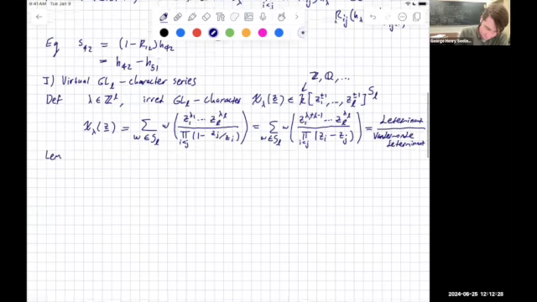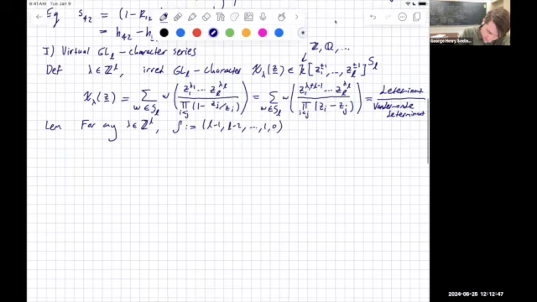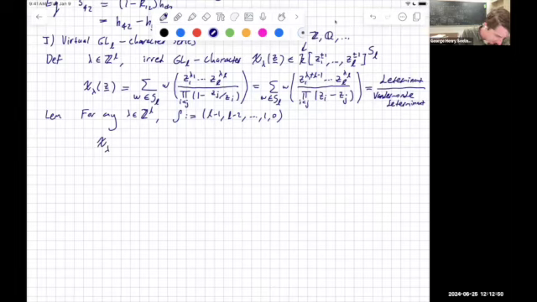So let's see. If I have any λ in Z^L, let's define ρ to be a certain integer vector, (L minus 1, L minus 2, down to 1, 0). Then if I have my irreducible GL_L character, I can write it in terms of weights, integer vectors that are sorted into decreasing order.